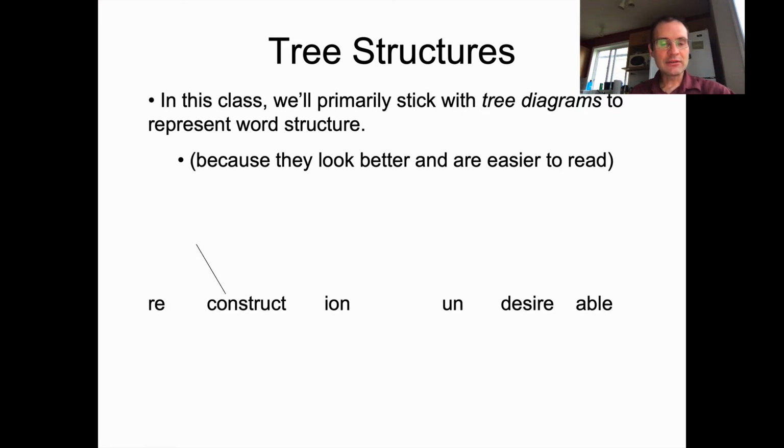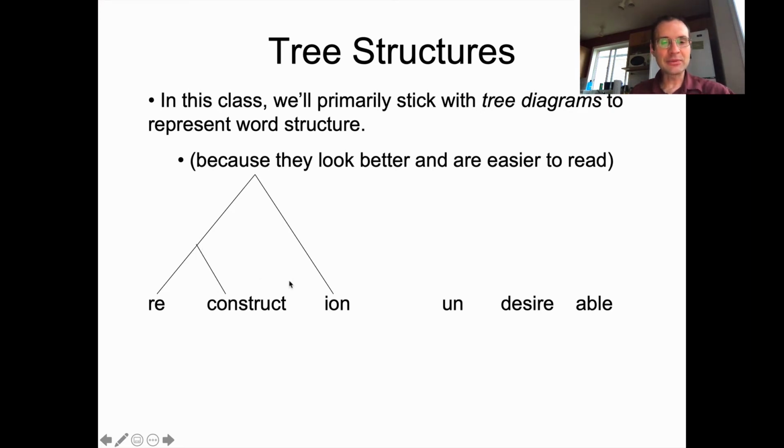And so I'll give you the example for reconstruction here without labeling everything. But again, when you create the word reconstruction, its structure is that "re" is more tightly bound to construct, then "ion" is bound to the whole thing. So you have to put these two together first. And the way we represent that is that these two morphemes point up to a shared node in a tree, which is this point.